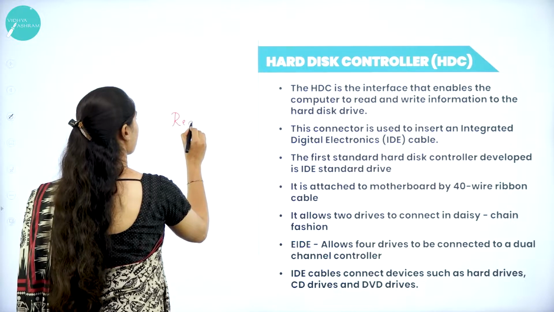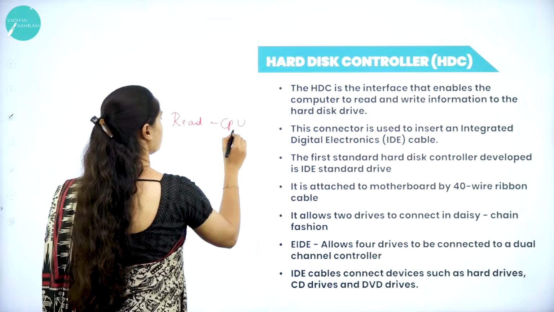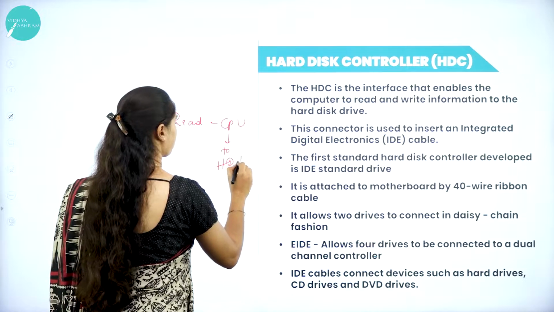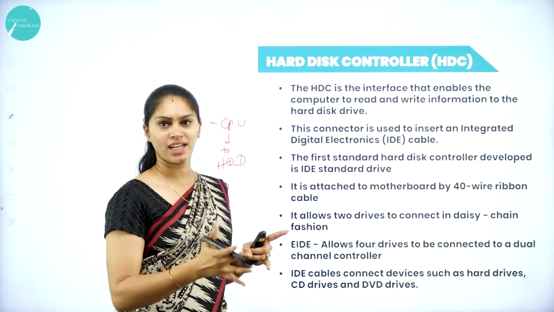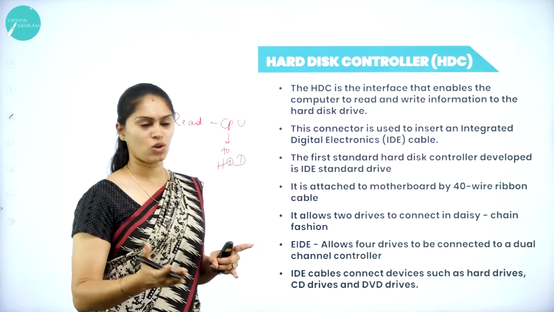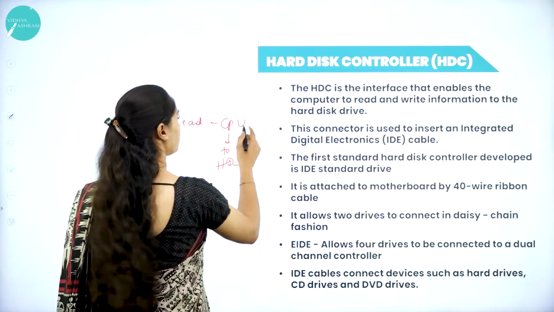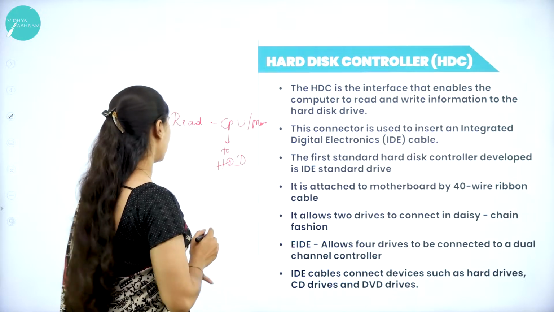So read is nothing but a transfer of data from the CPU to the hard disk drive. I am going to read the content of memory or CPU to the hard disk drive. So the data can be either in the CPU or in the memory. Then what is write?